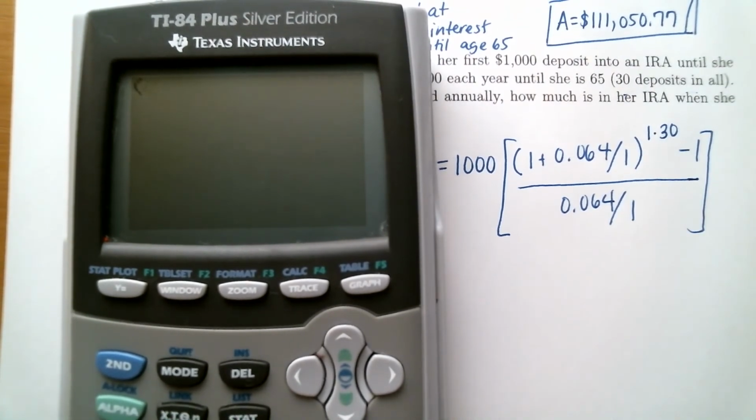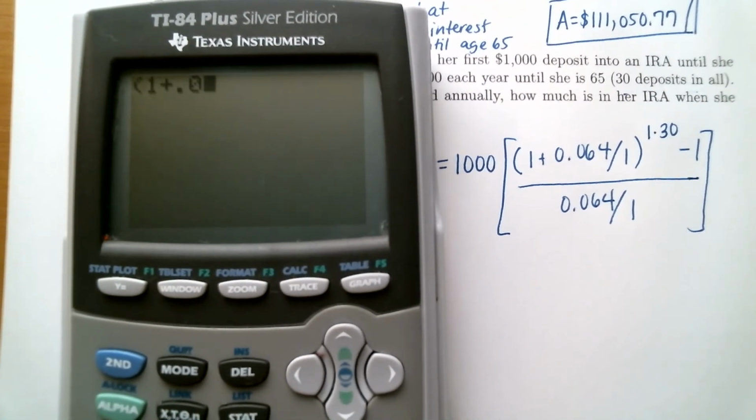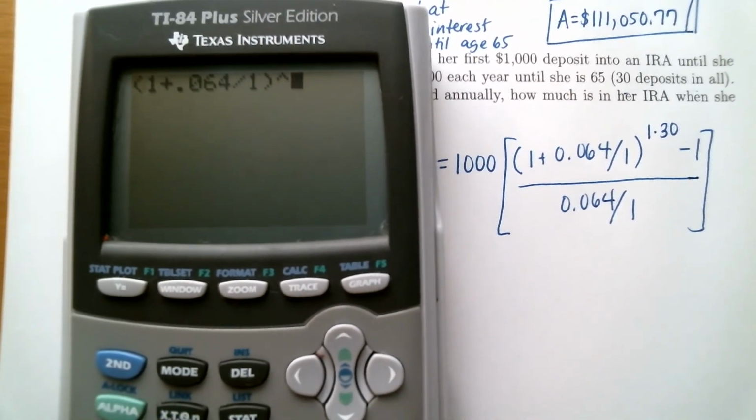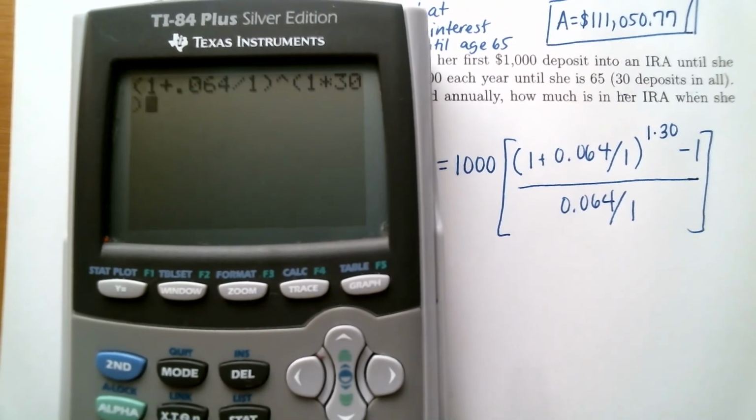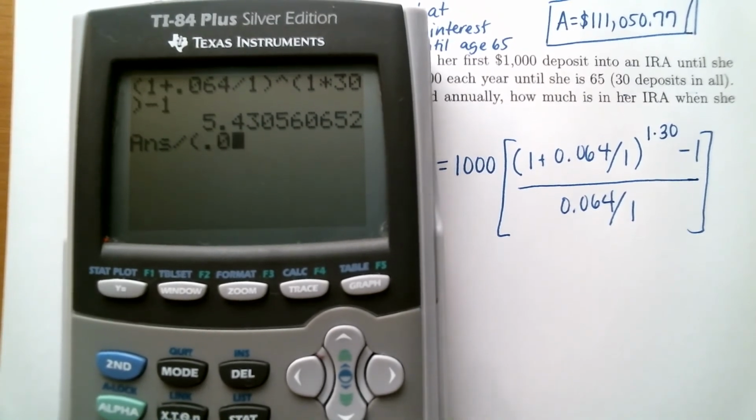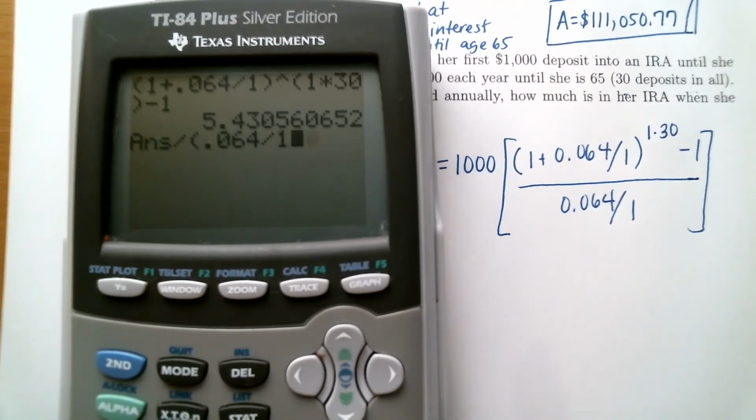So open parentheses, 1 plus 0.064 divided by 1 raised to the 1 times 30 power, close parentheses, minus 1 gives us the numerator. Divide by the denominator. Put the denominator in parentheses if you don't do it in your head.